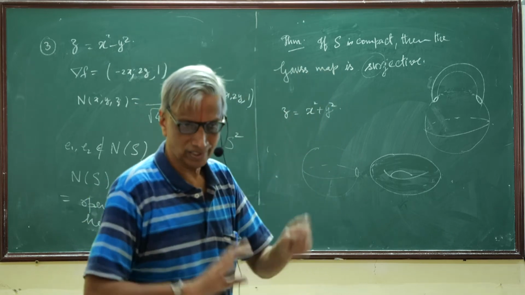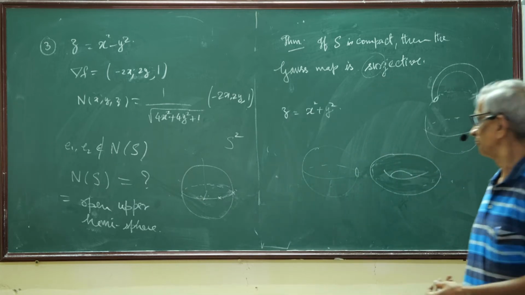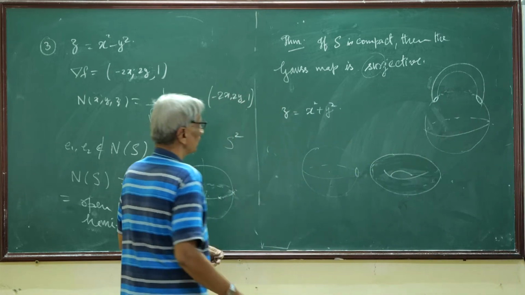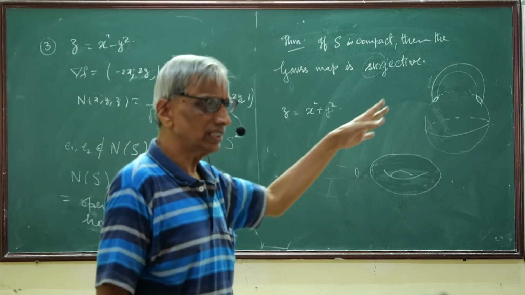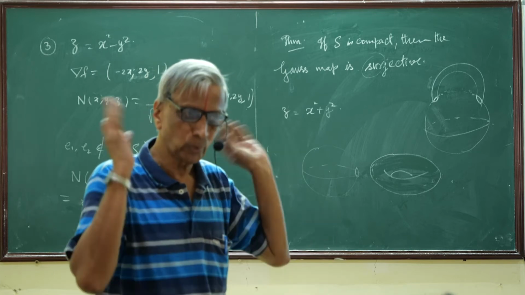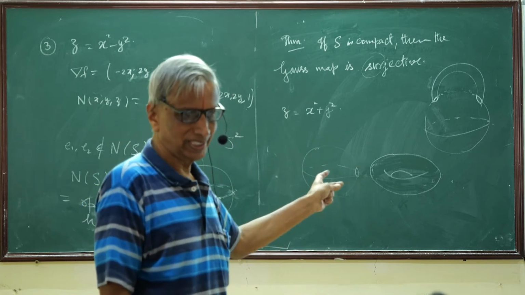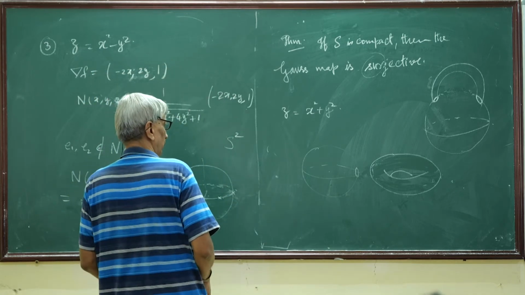So all these are topological details. Okay. So just to say that there are many compact orientable surfaces, but you know all of them. There are infinitely many, but there are not too many of them.